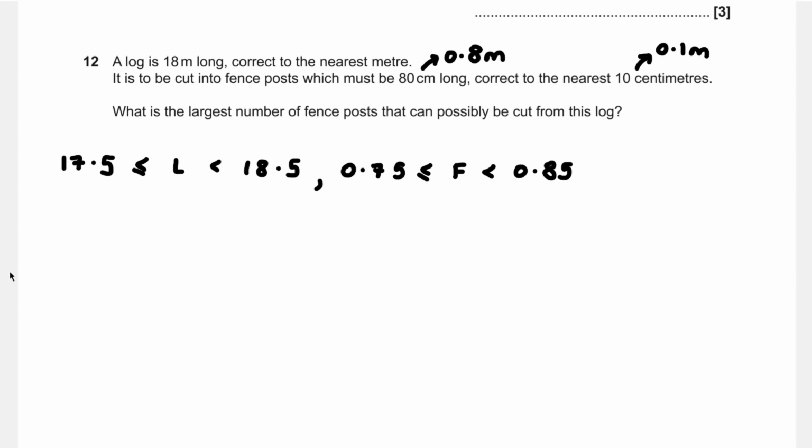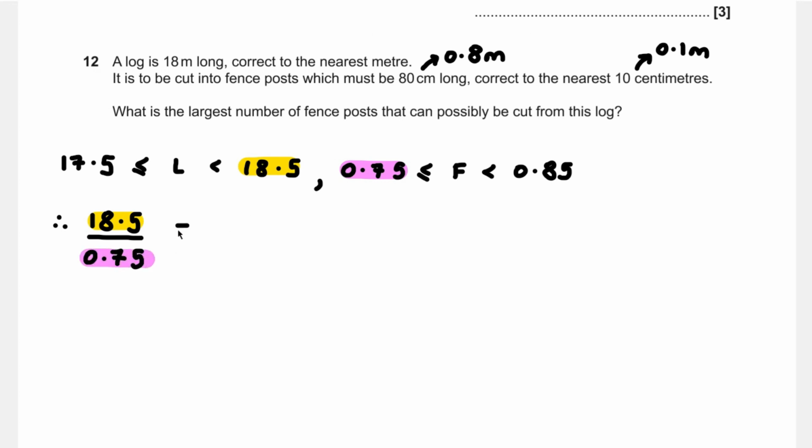So to find out the largest number of fence posts, what I need is the upper bound, and I also need this lower bound. So I've got 18.5 divided by the 0.75.